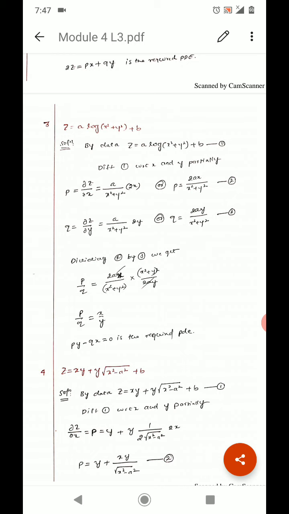So here 2a gets cancelled and x square plus y square also gets cancelled. We have p by q is equal to x by y, or py minus qx equal to 0 is the required PDE.